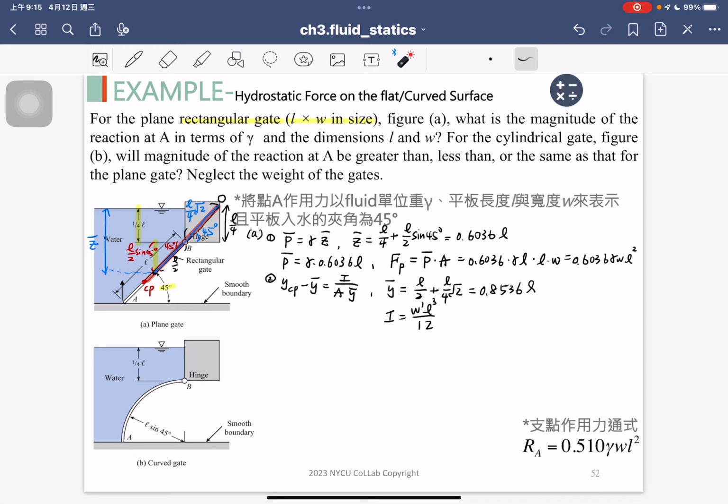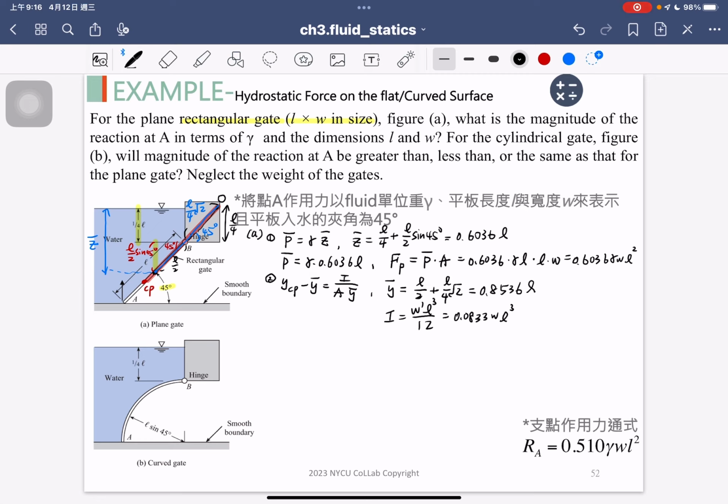So the rotating axis is parallel to the width. That's why I use the 1 power in here. Okay? So you can compute the numerical answer. There is 1 divided by 12, and you have 0.0833 W L cubed.